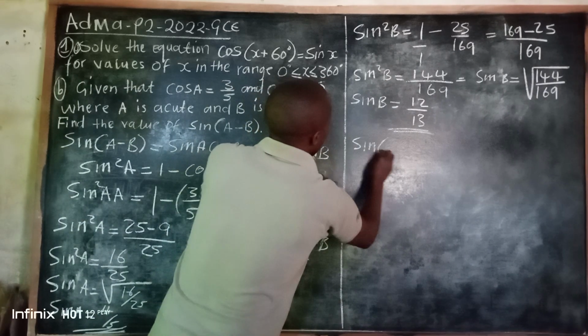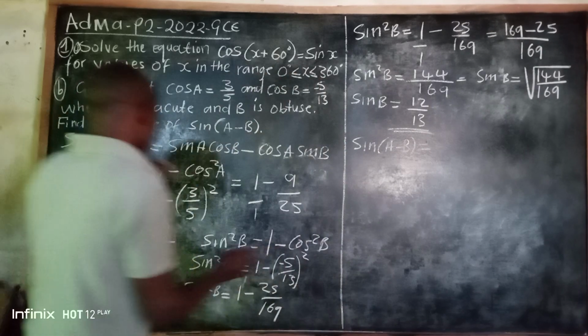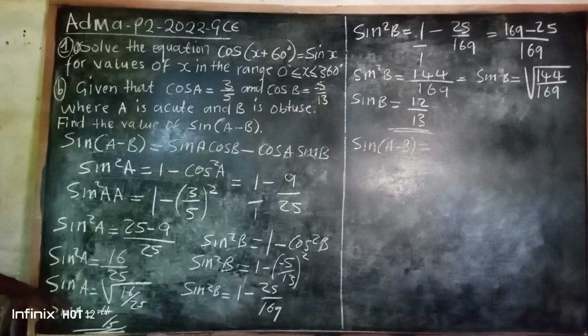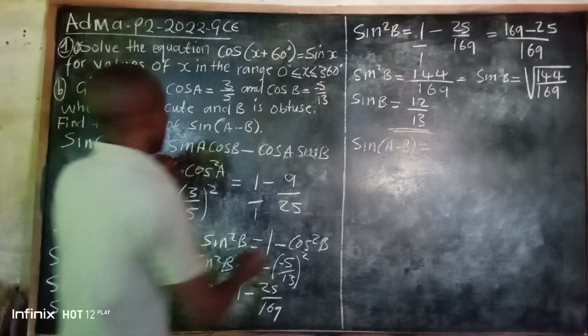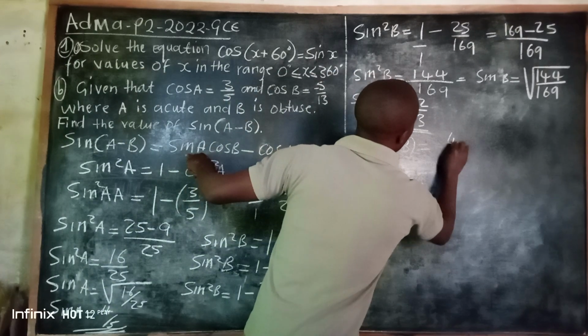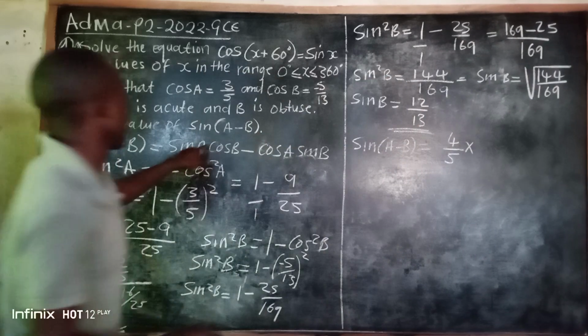Sine (A minus B) equals 4 over 5, then times. Remember here there is a times.